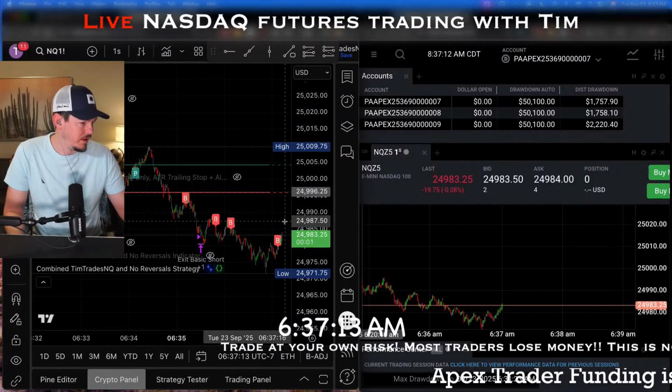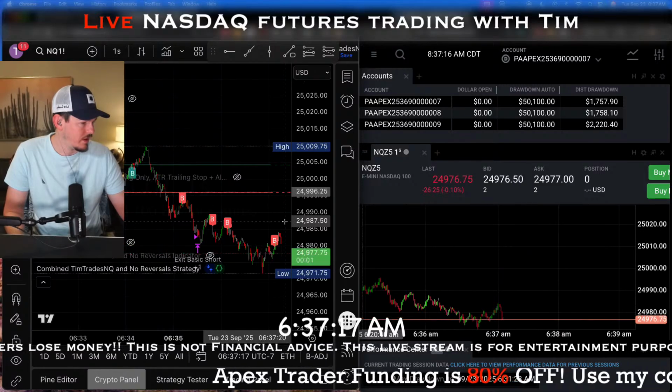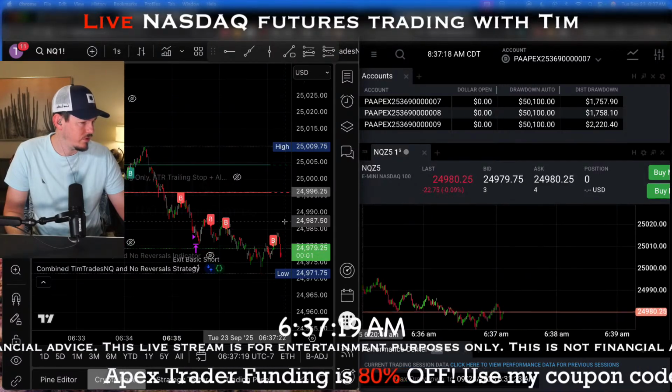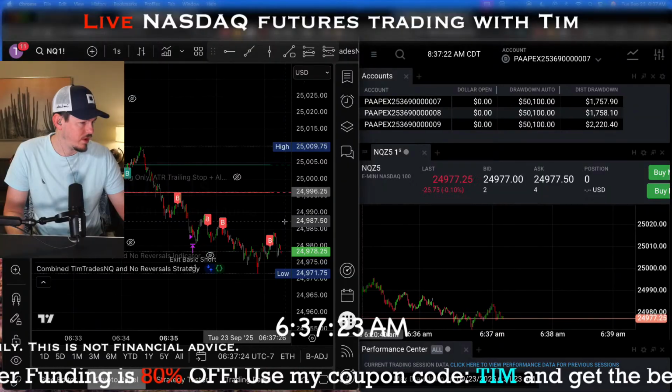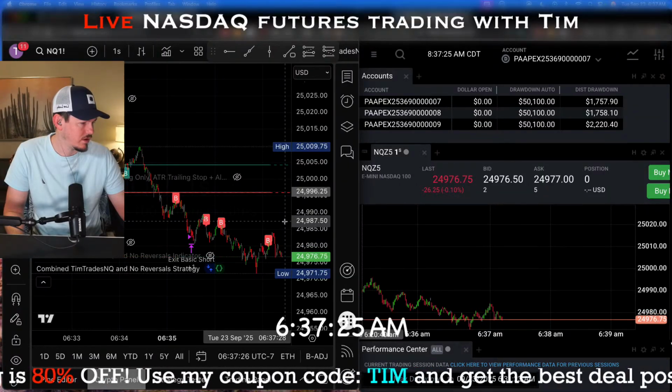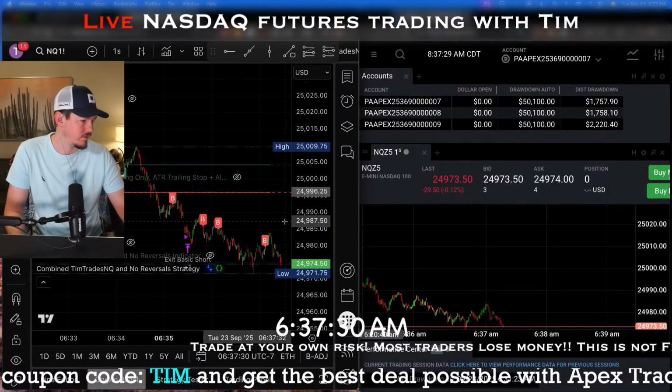And it appears to be stagnant, because now it's showing I have $2,200 of drawdown. So it's not trailing. Is it stagnant? If it's stagnant, that's freaking awesome.